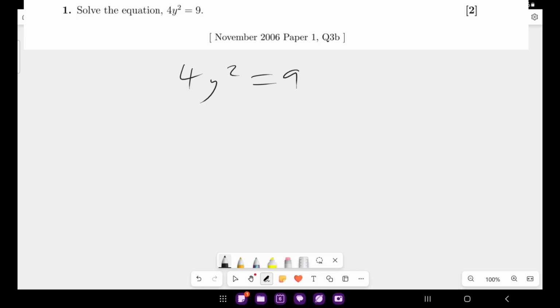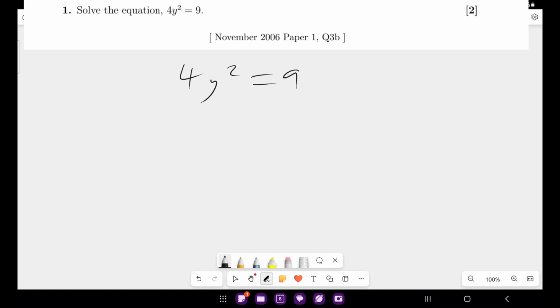And if there are some questions that you think, I've done this before, then you check the info and realize, yes, I've done a question paper for 2006 November.